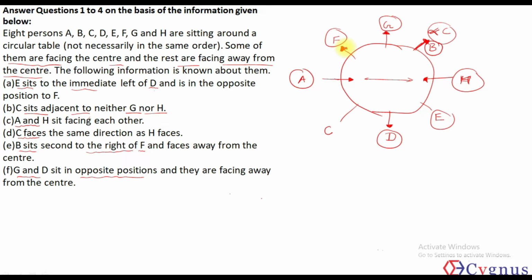This would be the direction of F. So I know the direction of F, B, G, A, H. What about C and D? I know the direction of D also. What about C? C faces the same direction as H faces. Since H is facing towards the center, C will also face towards the center.